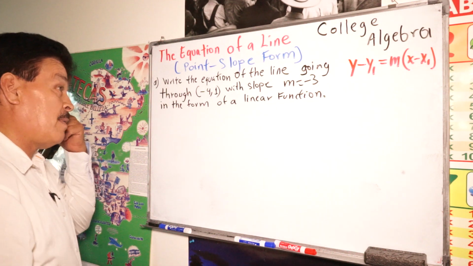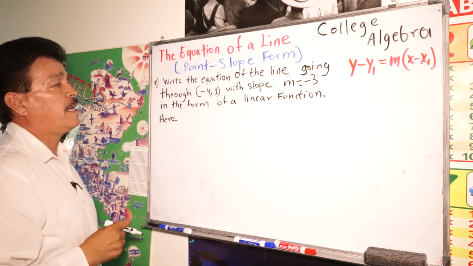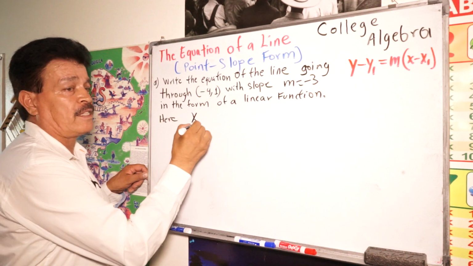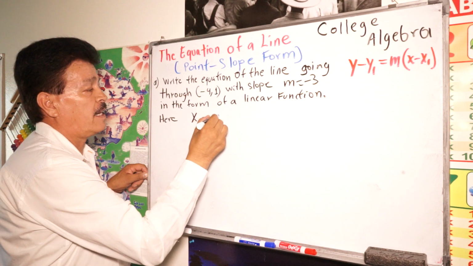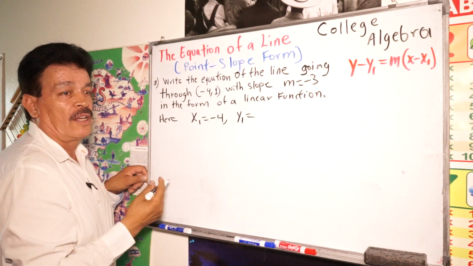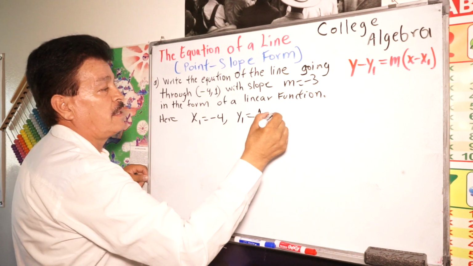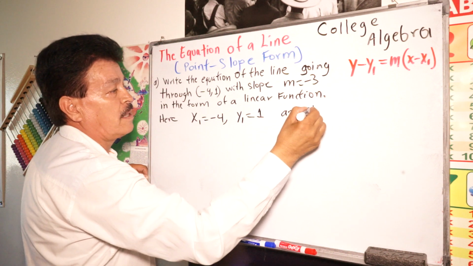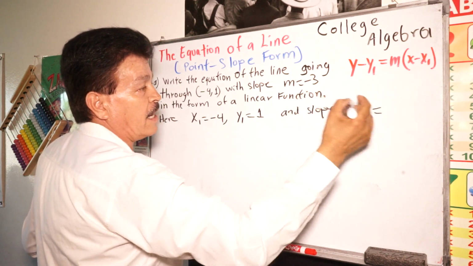So now we have this problem. In this problem, x1 is equal to -4, and y1 is equal to 1. And the slope m equals -3.